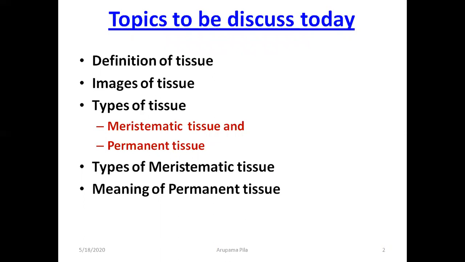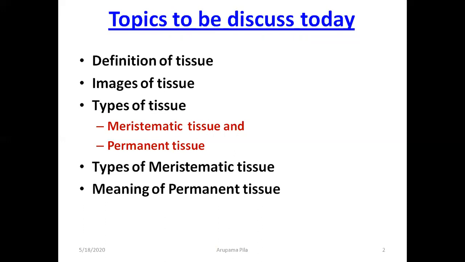It means a group of cells which are of similar structure. What does it mean? Some of the cells group together, they combine together, and their structure is similar. By combining, they perform the same function, a specific function. So they make a tissue.